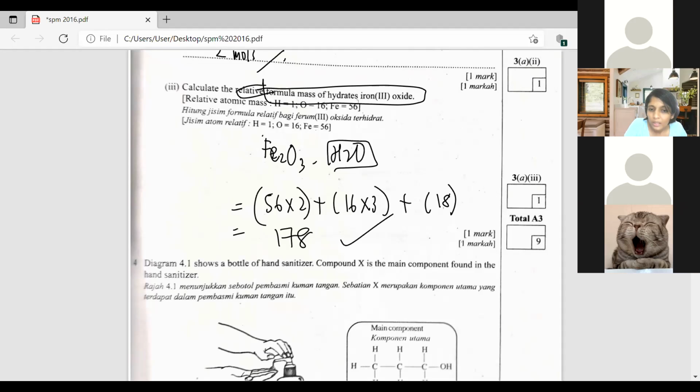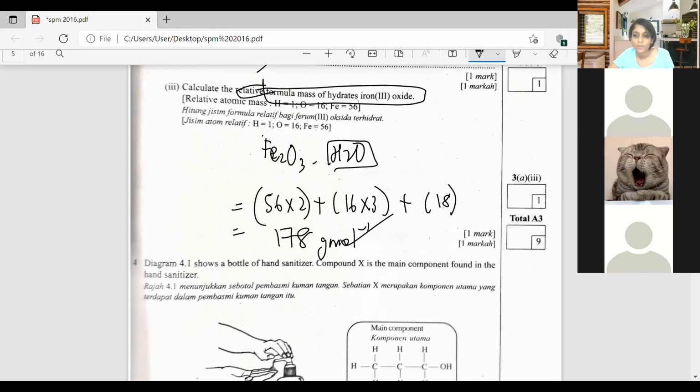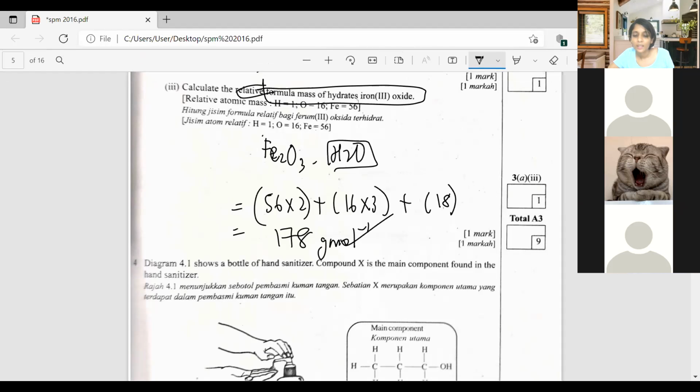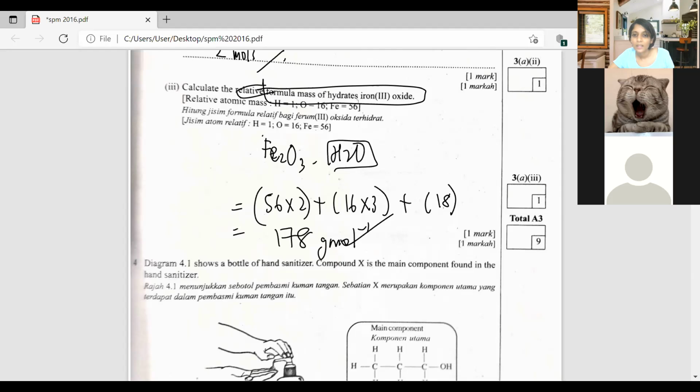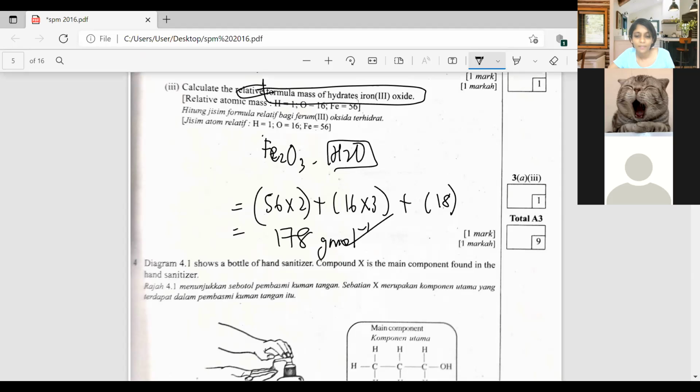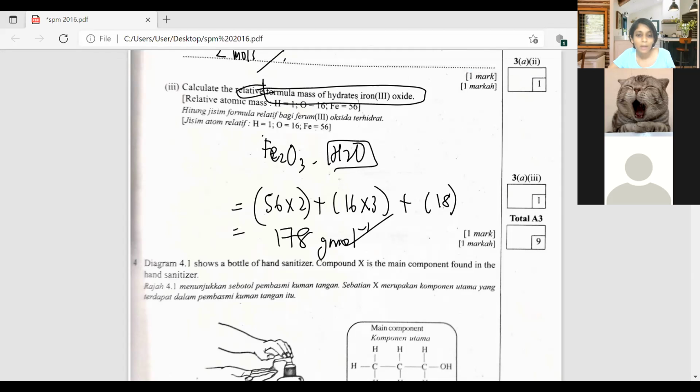Okay, I want to ask you this question. You tell me, can I put this unit here? Can teacher put this unit? Boleh atau tidak? Not that sure, sir. Okay, Bhavi said not sure. Can I have everybody else put? Need -1, right, teacher?